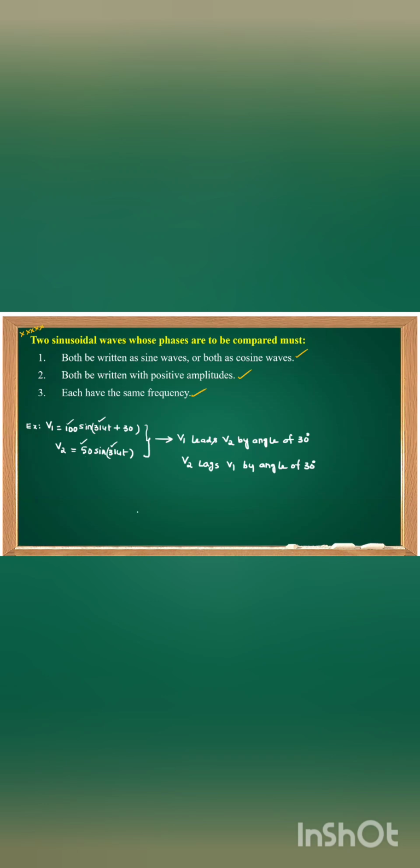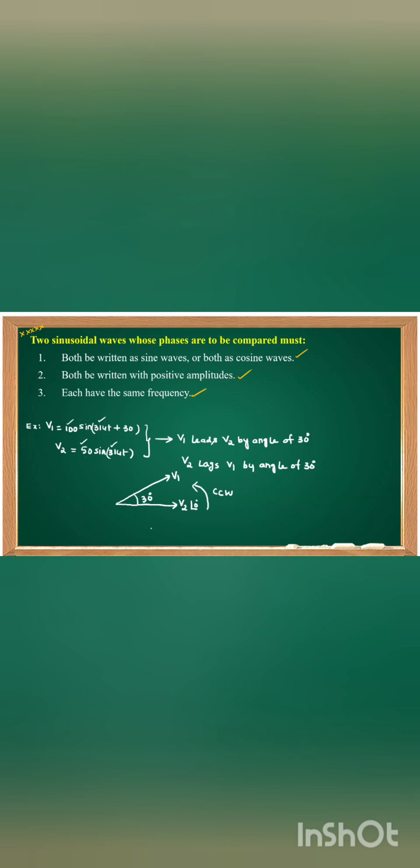See, for example, if you represent in phasor notation, let V2's angle be 0. This is V2. Then V1 is leading by an angle of 30 degrees. This is V1 at an angle of 30 degrees. Leading, you have to take in the counterclockwise direction.